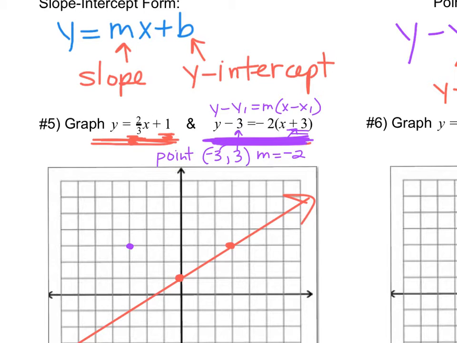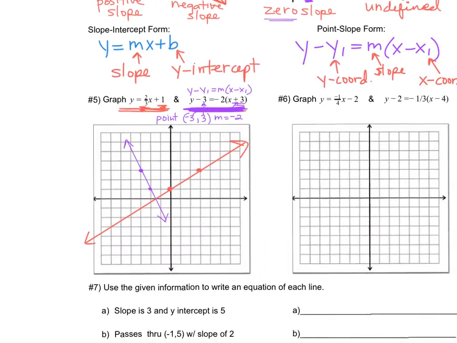And then you do a slope of -2. Where do you move for a slope of -2? Down 2 to the right 1. Okay? And then you can draw that line in. Okay?